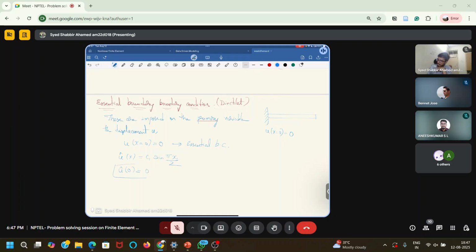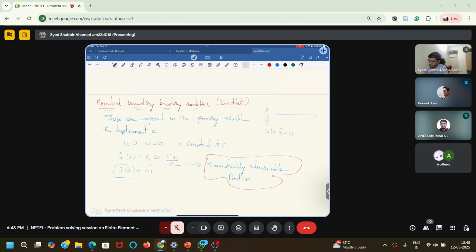So you can call it a kinematically admissible approximate function, because it is satisfying the essential boundary condition. Whatever approximate solution you take, it has to be kinematically admissible. Kinematically admissible means it has to satisfy the essential boundary condition.